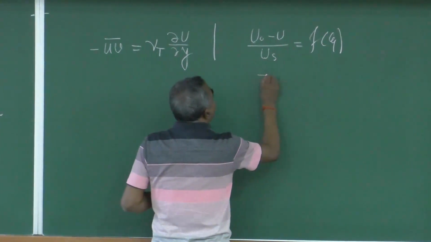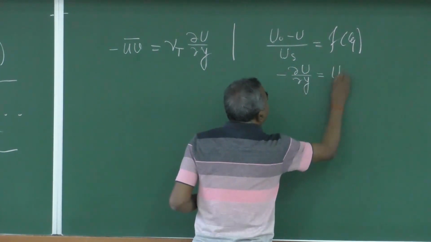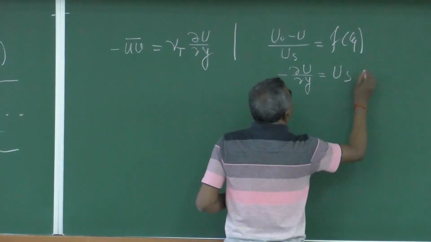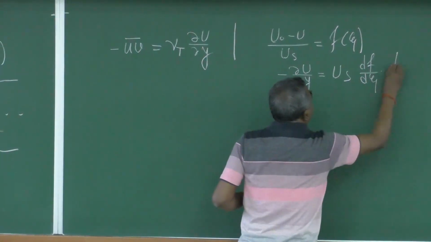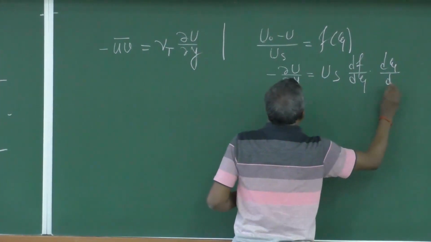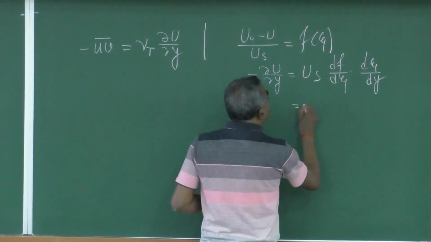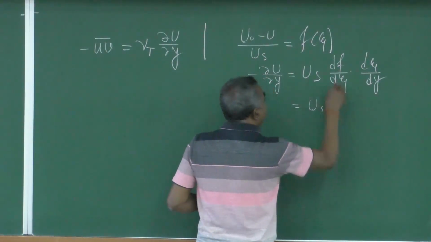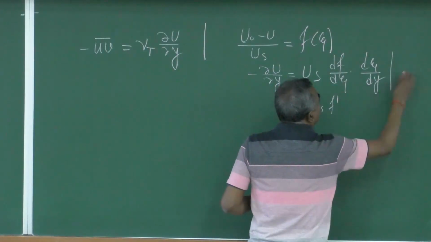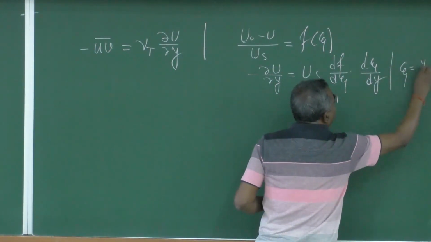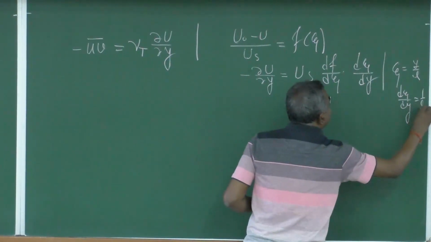So, that means minus del u del y equals us times d f d xi times d xi d y. Okay. So, this equals us f prime, let us call this f prime, and d xi d y, where xi is equal to y by L. So, d xi d y is equal to 1 by L, right.